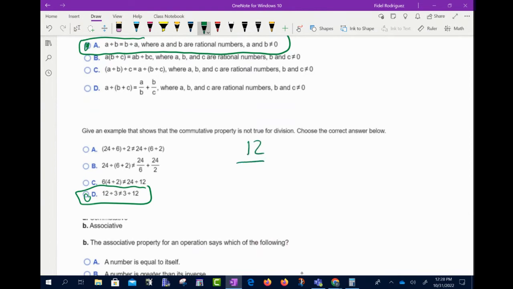Okay, just to give you an example, y'all, because today is Halloween, I'm going to show you why it does not hold true. Okay, 12 divided by 3. Suppose this means, because again, today is Halloween, right? And if I teach this class again, it may not be Halloween, but you'll get the idea.